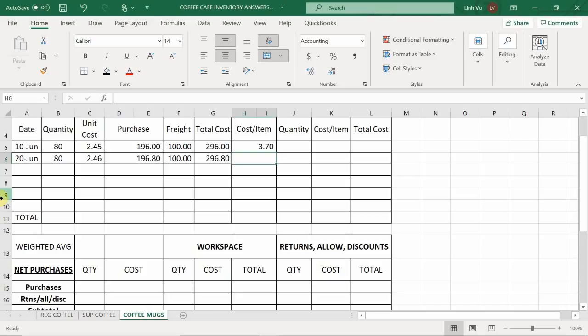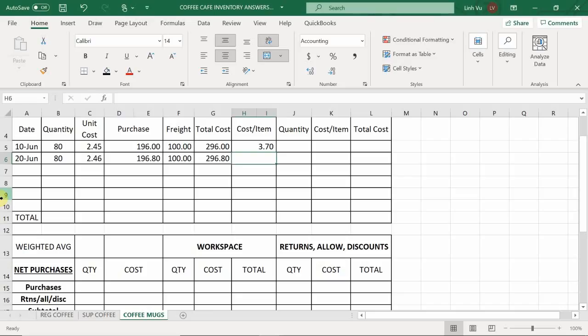But in this case, we just received our inventory on the 20th. It makes sense that we opened it up, we opened up all the boxes to check them, and we found that 4 of them were broken. So most likely, it's always going to be the most recent batch that you've purchased.